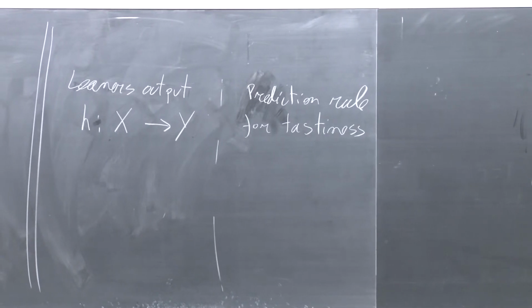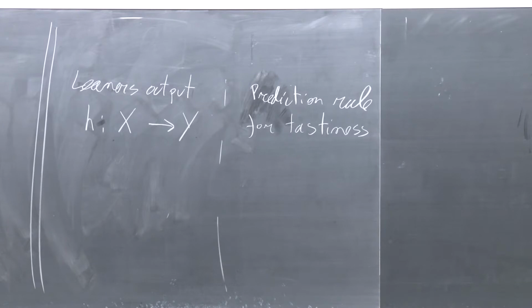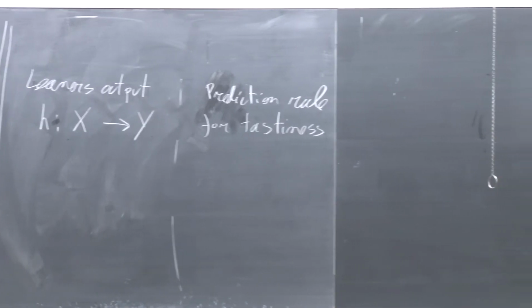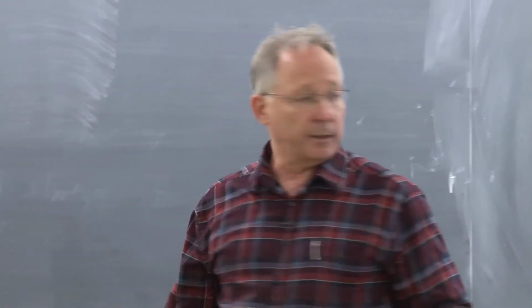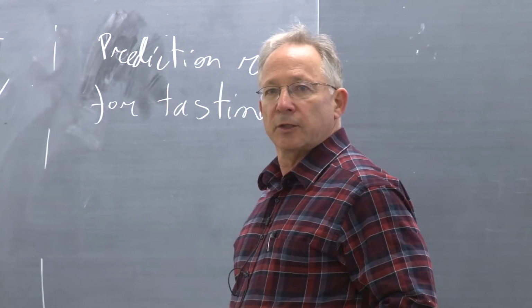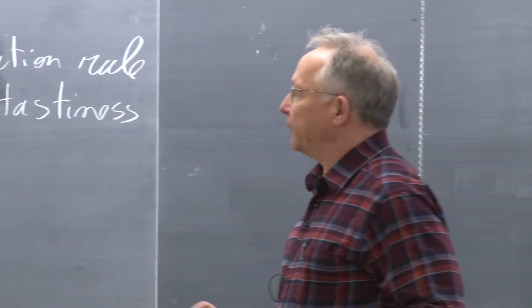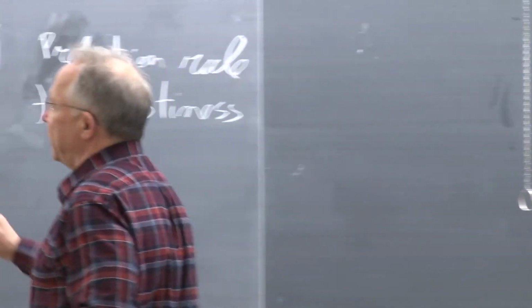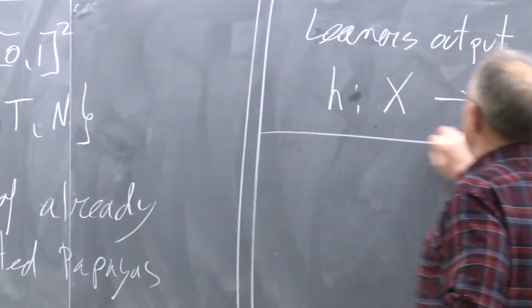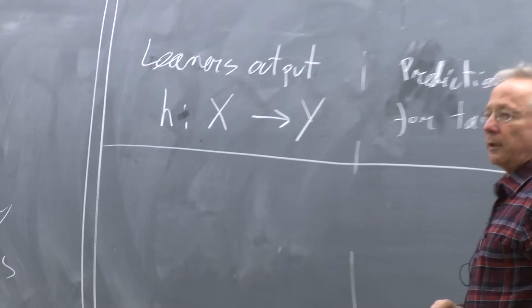Now, the next thing that we need is to somehow define how well we are doing. So we want a notion of the quality of such an H. So the next thing I want to define is the quality of such an H. And for that, I make my first assumption. So we assume that there is some distribution that generates the papaya.